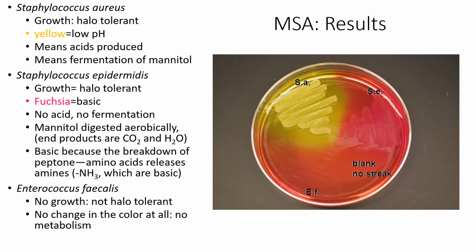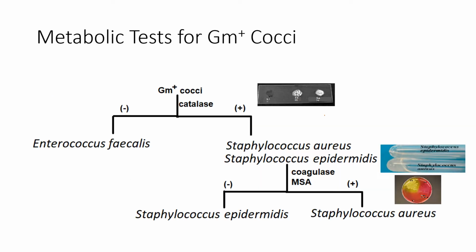Okay, so move forward. On page 96 in your book, you would see that these metabolic tests for gram-positive cocci are laid out in a format known as a dichotomous key. A dichotomous key is a really fancy way to say a flow chart.